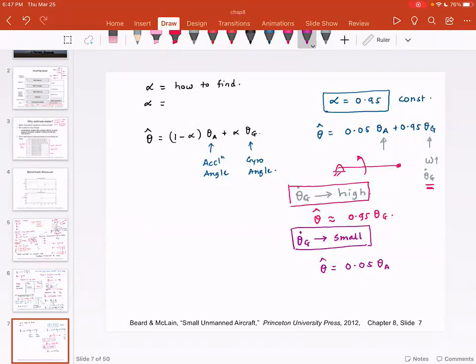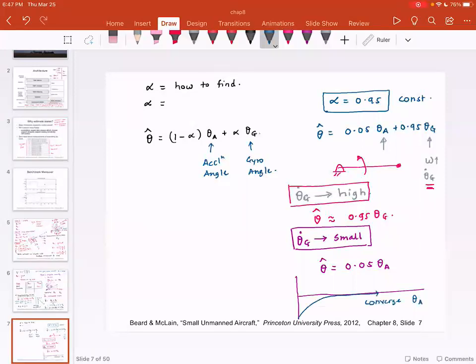You agree with me? But here is what's going to happen with theta A. This is actually a function of time. This theta is computed as a function of time, which means initially you would have an error, but as time goes on, this error would minimize and your measurement would converge to the acceleration value.